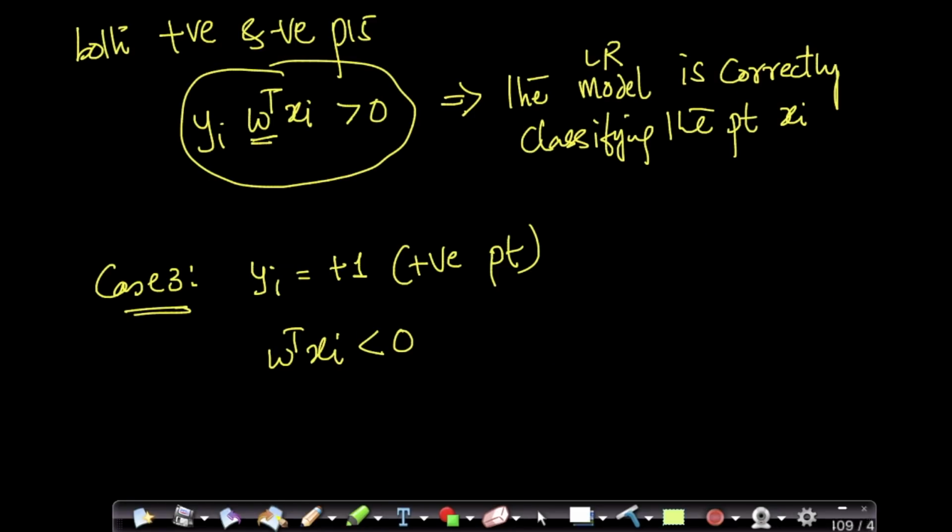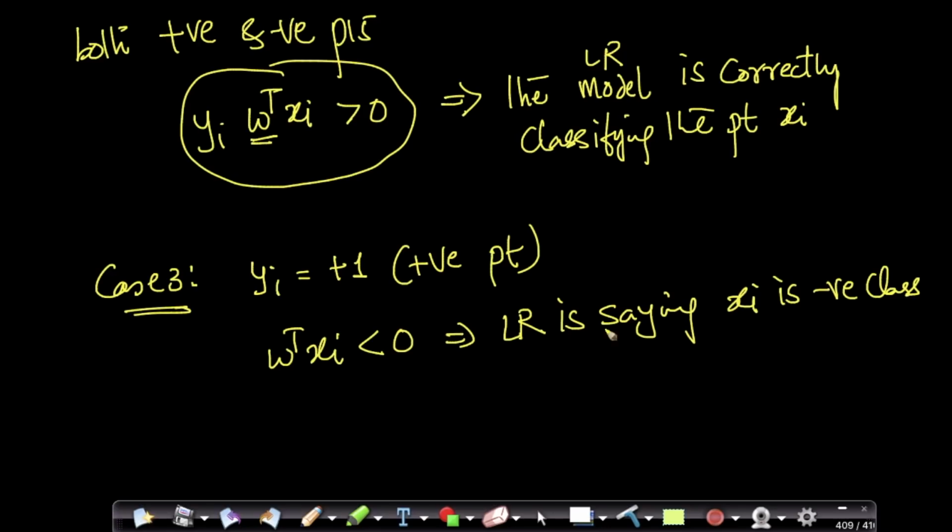Let's continue with the thought process. So if my point is positive, but my plane, so what is this saying? This says my logistic regression is saying that my point xi is negative class. Then what happens to yi w transpose xi? This will be less than 0, because this is a negative number and this is a positive number. When you multiply a positive number with a negative number, you get a negative number.